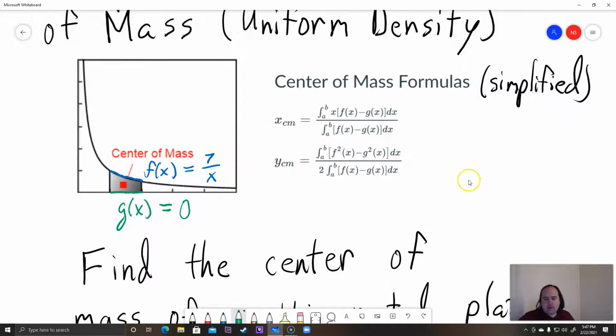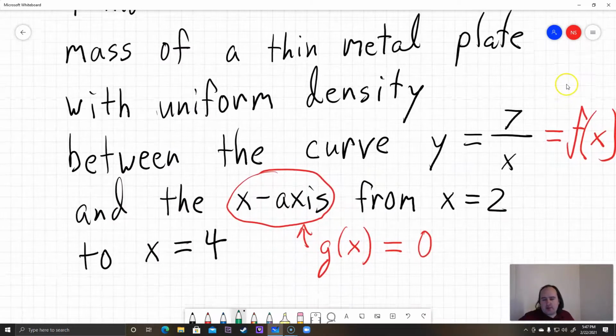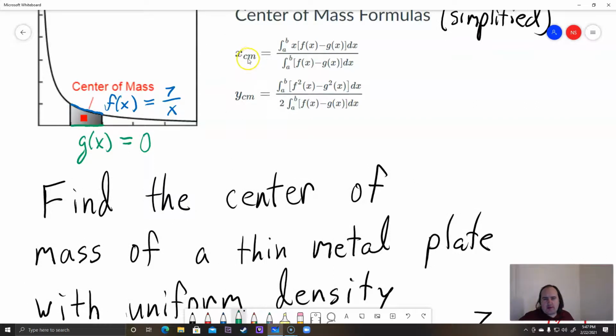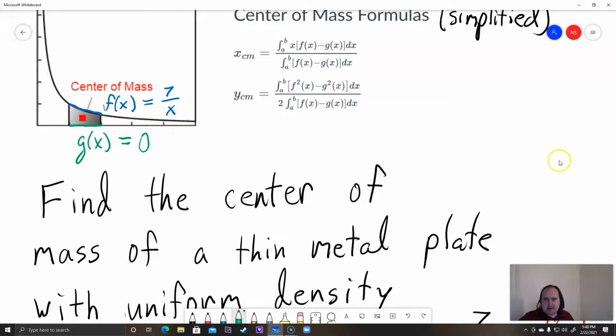Okay, so now that we know what our f of x and our g of x are, we can go ahead and plug them into the formulas. So let's start with the x center of mass. The x center of mass is the integral from a to b of x times f of x minus g of x dx, all over the integral from a to b of f of x minus g of x dx.